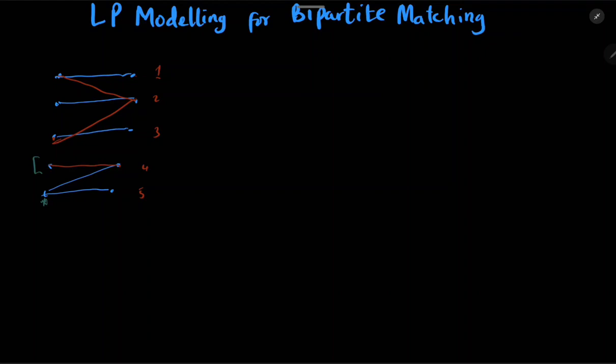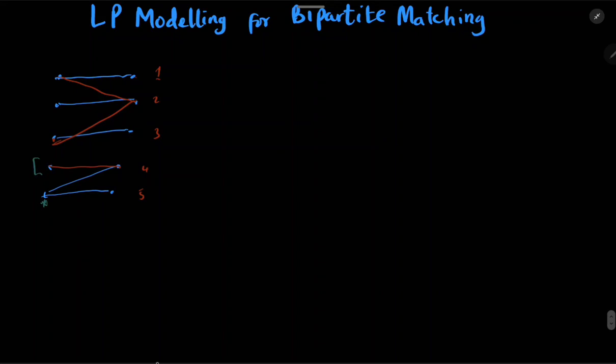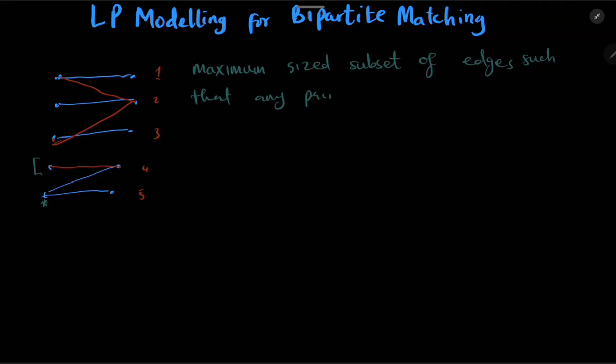In LP modeling for bipartite matching, our objective is going to be to find the maximum sized subsets of edges such that any pair in the subset do not share a common vertex.